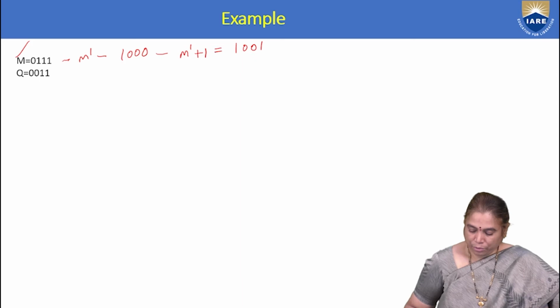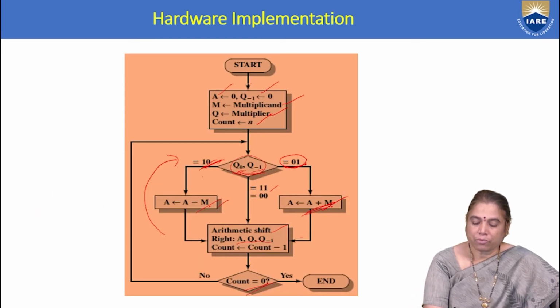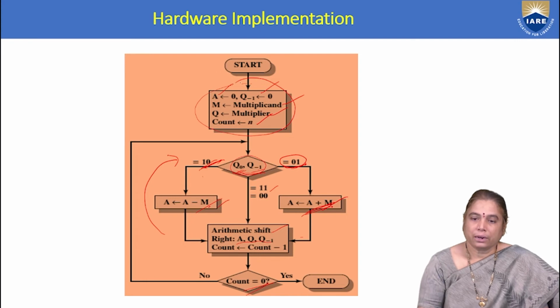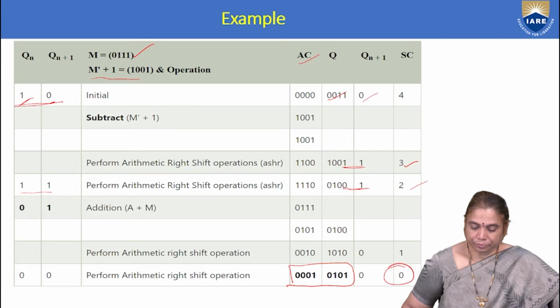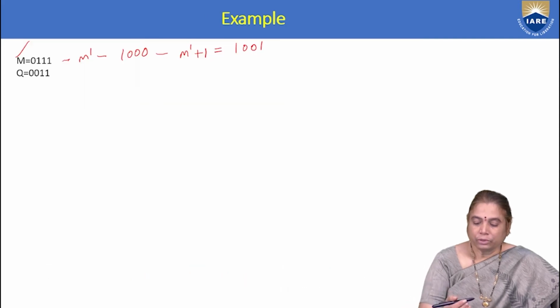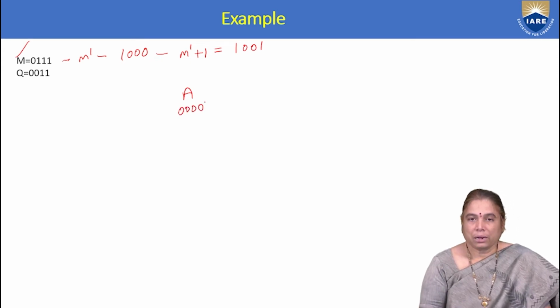Now we have to perform the first step operation, that is the initialization of the various registers. Here A is 0, Q1 is 0. How many bits are there in the multiplier?